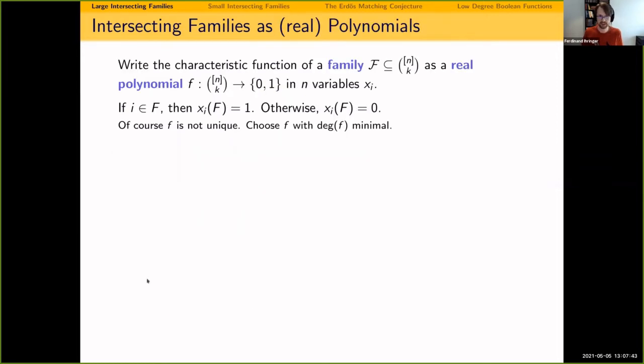For example, you can always write the characteristic function of a family as a real polynomial in n variables, indexed by your n elements, where if you plug in some element of your family f, then it's 1 if the element i is in that set and 0 otherwise.